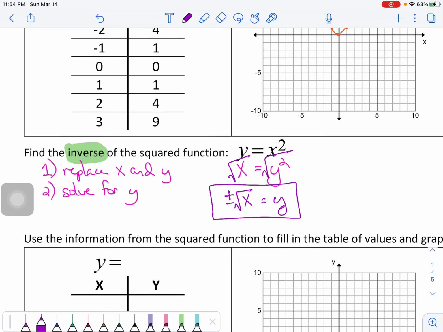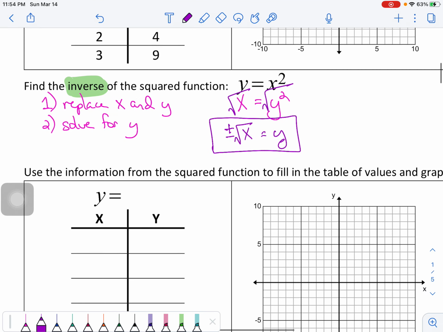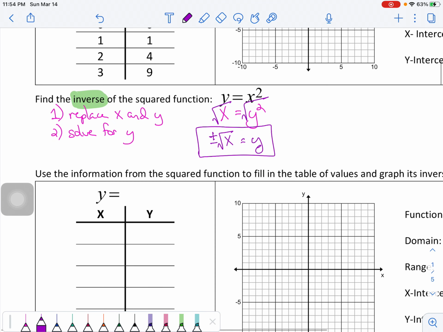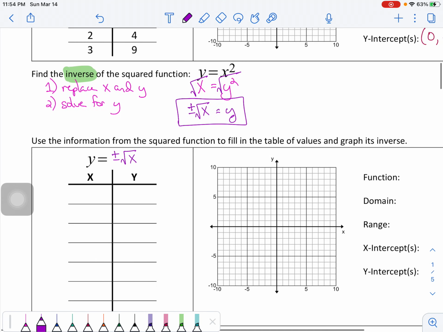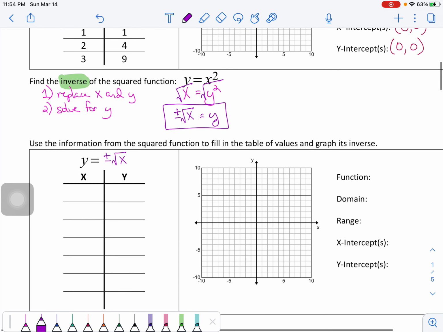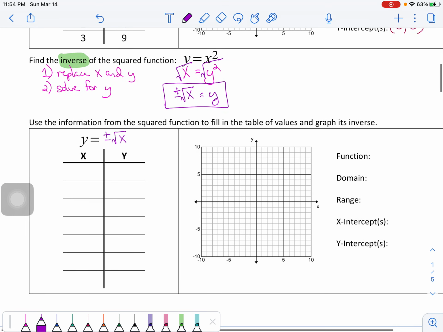So that is the inverse of the squared function. Okay, so y equals plus or minus the square root of x. That's the function. Well, that's the inverse. I'm not sure if it's a function. In fact, I'm pretty sure it's not, considering we said it wasn't invertible.